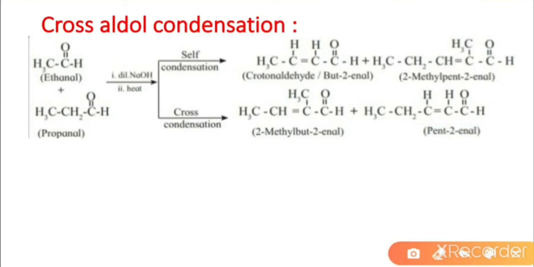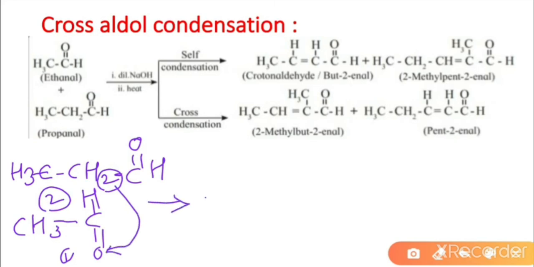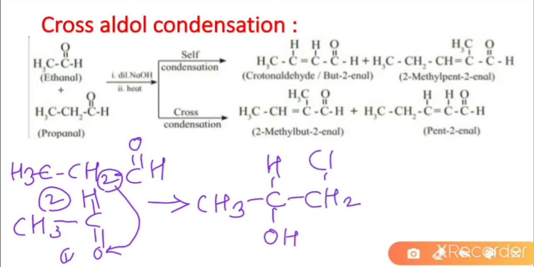When propionaldehyde and acetaldehyde, aldehyde number 1 and aldehyde number 2 are considered, this alpha hydrogen atom migrated towards this carbonyl oxygen atom and gives the product CH3CHOH, CH2, CH3, CHO, 1, 2, 3, 4.